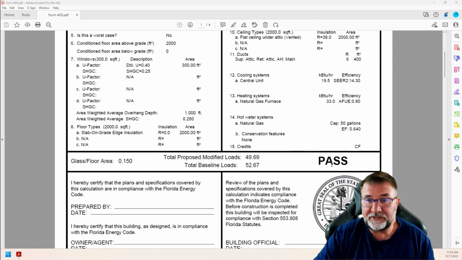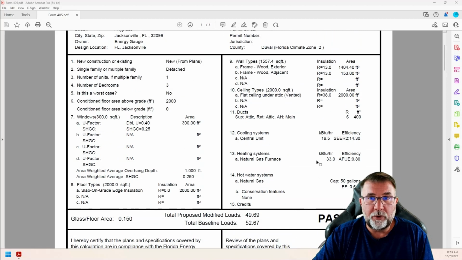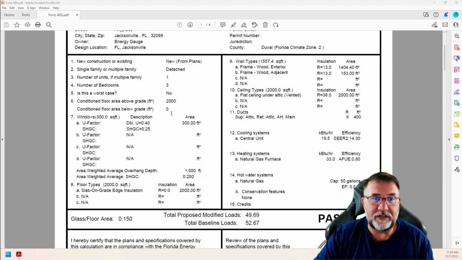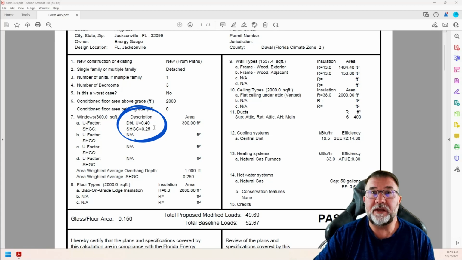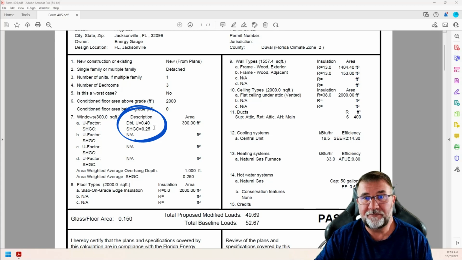Now, in the prescriptive method, this may not pass, but in the performance method, it easily passes. So what we're doing is looking at all the individual items. We're looking at the window values. Here, 0.40 and 0.25 is what the building code requires in the prescriptive method.